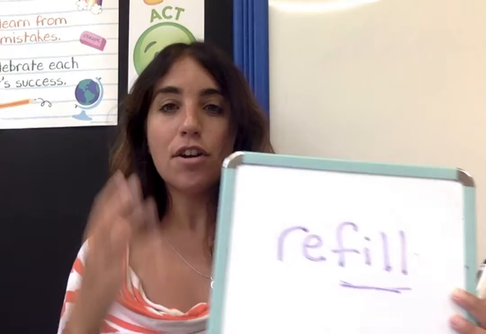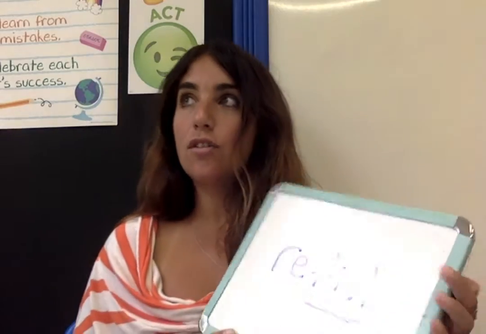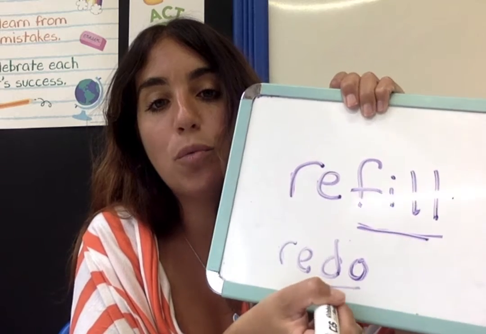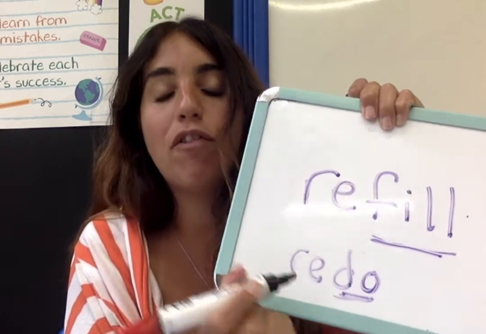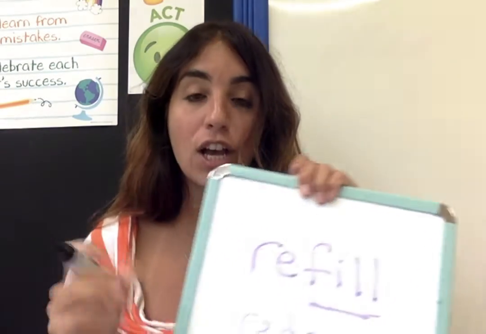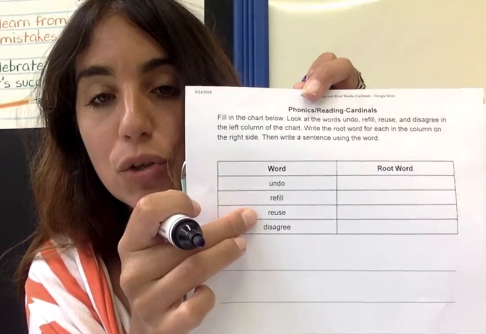So we can think of another couple words that have that right there. So I can think of the word redo. Okay, that's right here. So again, there's our root word, do. And if we put the re right in front of it, that means to do something again. Okay, so the next word on our list is the word reuse.